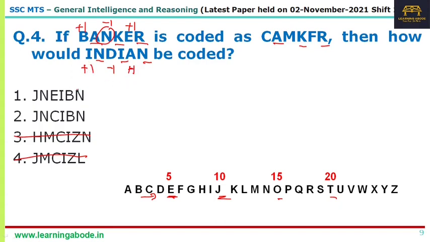So I +1 is J, N, D -1 is C, and I'll write I as it is. Sorry, A +1 is B, and N as it is, right? So J N C I B N.